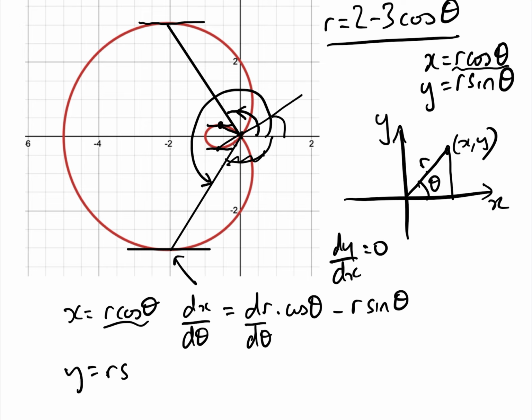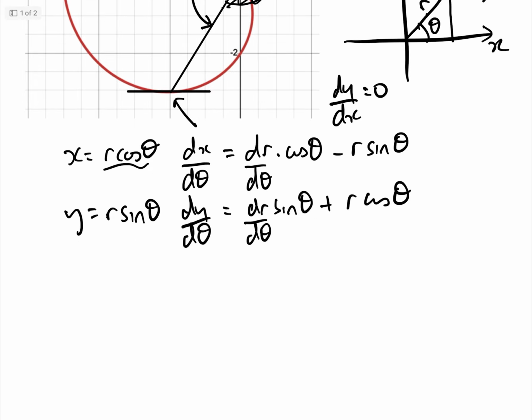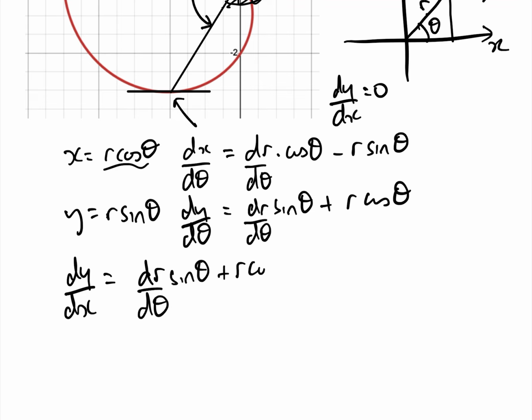Then y is equal to r sin theta, so dy/d theta is, again by the product rule, dr/d theta sin theta plus r cos theta. Dividing one by the other, dy/dx is equal to dr/d theta sin theta plus r cos theta over dr/d theta cos theta minus r sin theta.